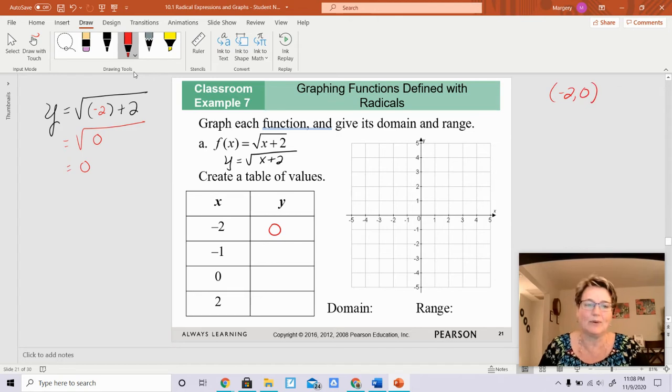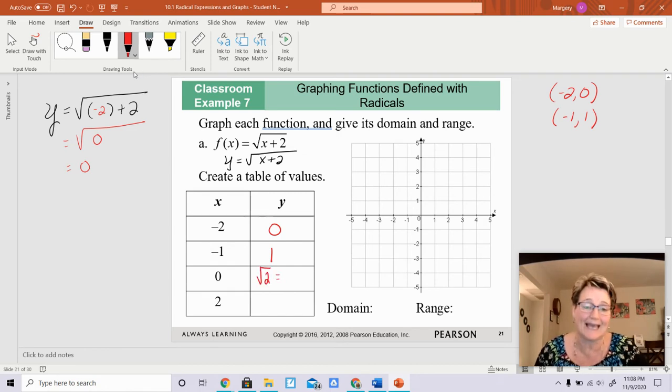Now my second point is -1. If I put -1 in for x, -1 plus 2 is 1. The square root of 1 is 1. So my second point is -1, 1. Now, if I put in 0 for x, I get the square root of 2, and I can't reduce the square root of 2.